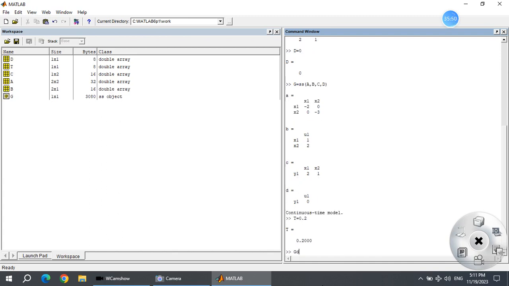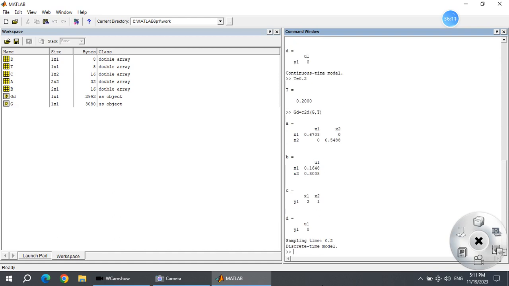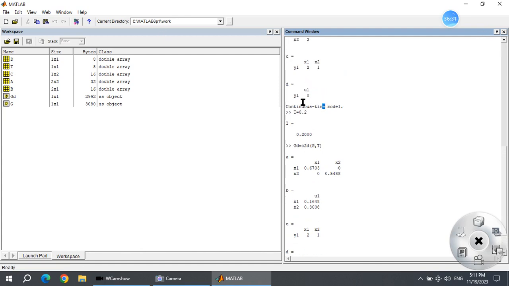We can have GD. We have a MATLAB command, c2d, continuous to discrete. G is already continuous, and we use sample time T. Now we have this result. Here you can see A, B, C, D. C and D are the same as the previous C and D. The continuous one is the given one.